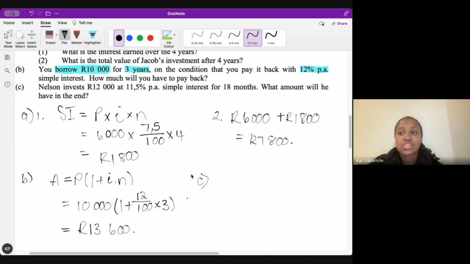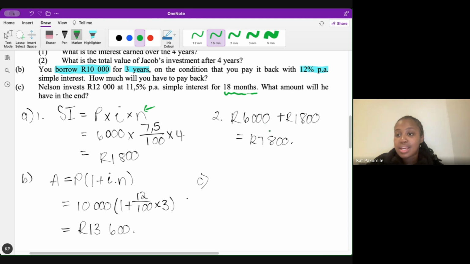Nelson invests 12,000 rands at 11.5% per annum simple interest for 18 months. And you guys are correct. We have a problem with the fact that this is in months. Because N is the time in what?